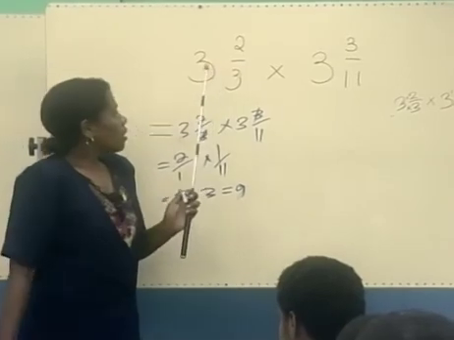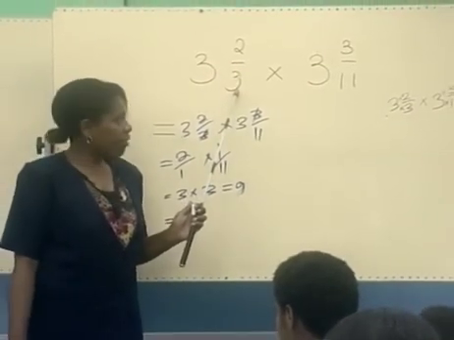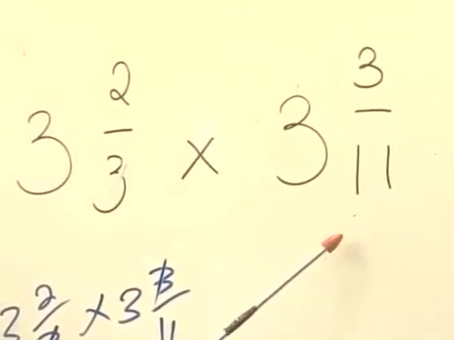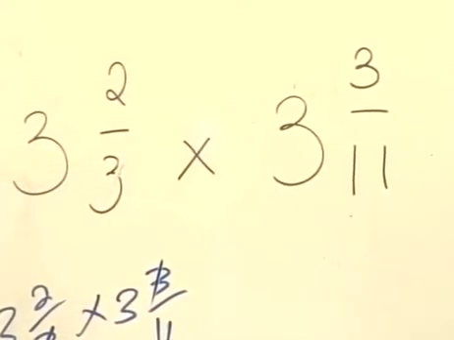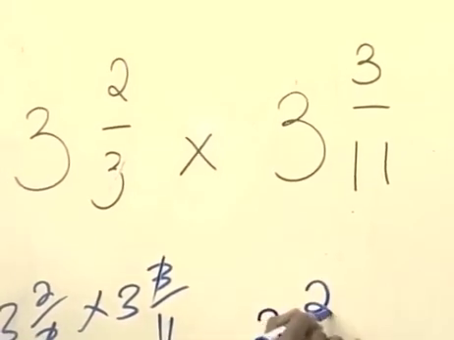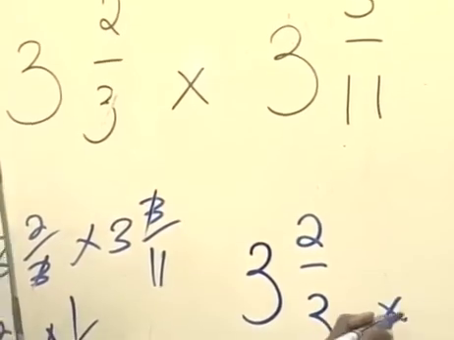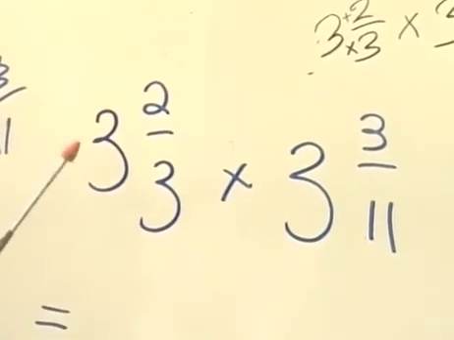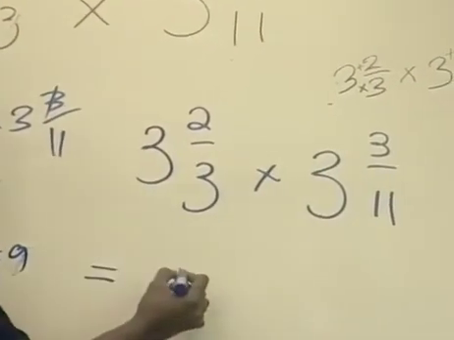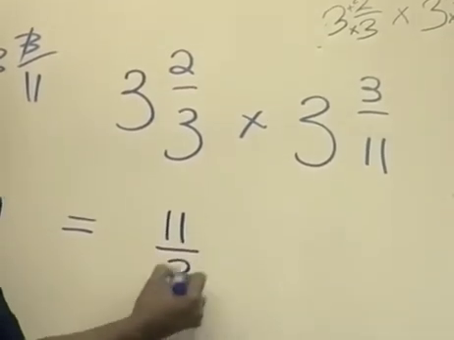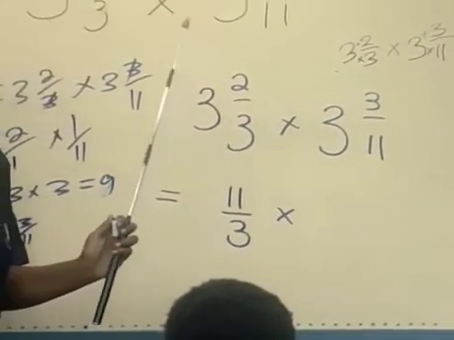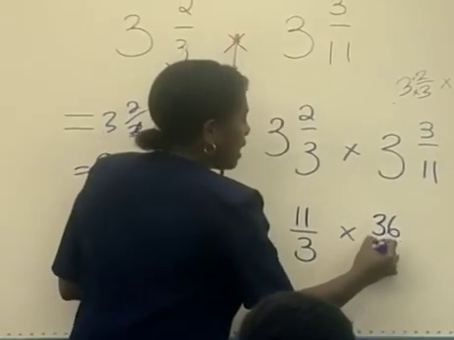So 3 whole and 2/3 must be changed into an improper fraction, times 3 whole and 3/11, which must also be changed into an improper fraction because they are mixed numbers. So 3 times 3 is 9. 9 plus 2 is 11 over 3, times 3 times 11 is 33 plus 3, 36 over 11.